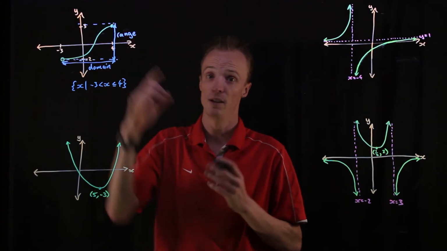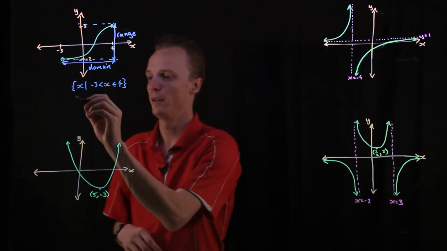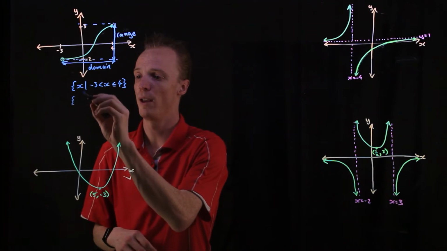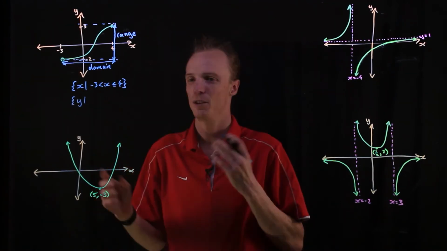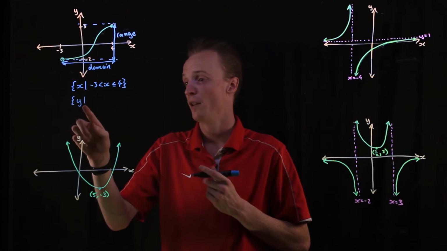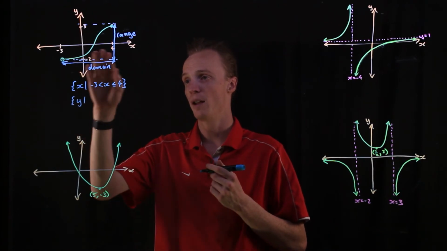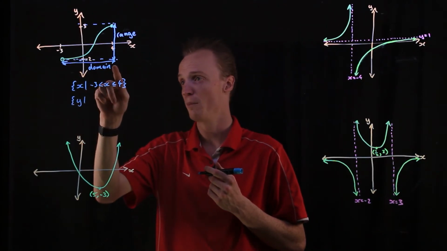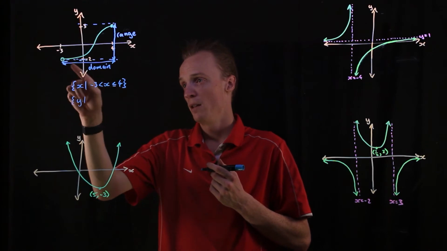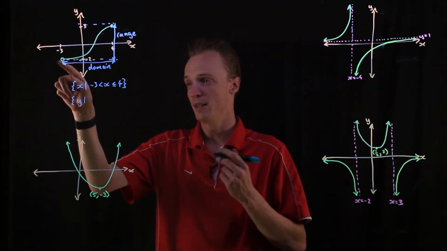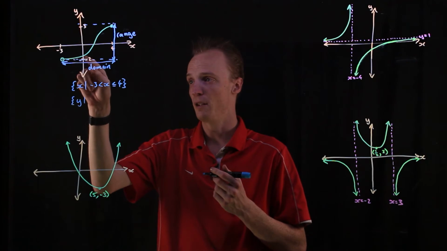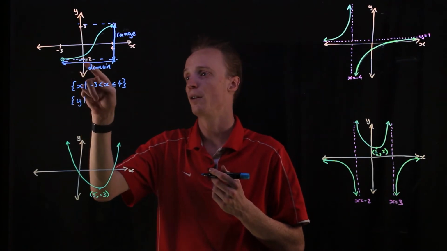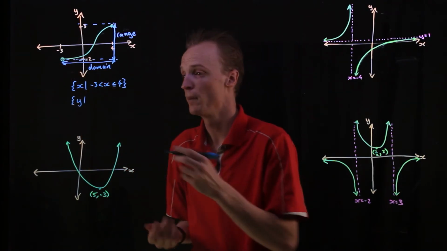Our range is done in a very similar manner, except instead of using x bar, we're going to use y bar to be able to state that we're mentioning the range. Now from here, we're going to start with our lower limit, so the bottom sort of area here. Remember, it doesn't actually exist on that point, but it's going to be anything greater than this point. So it's going to be anything greater than -2.